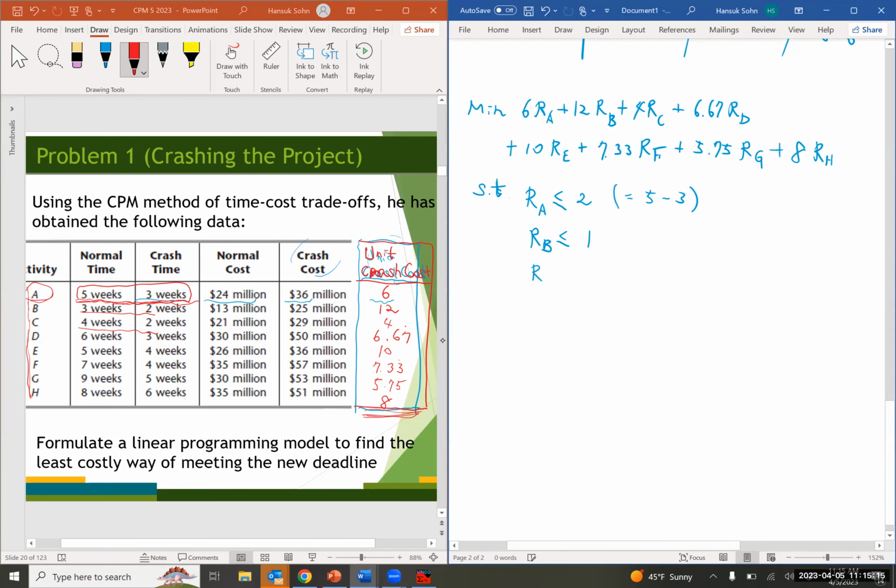So R sub C less than or equal to 2. Likewise, R sub D is less than or equal to 3. R sub E less than or equal to 1. R sub F less than or equal to 3. R sub G less than or equal to 4. R sub H less than or equal to 2. Right?